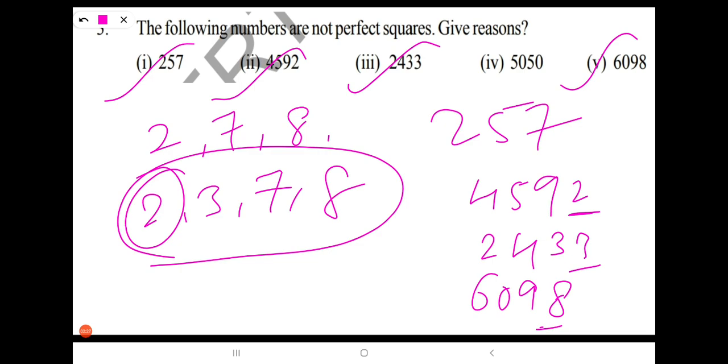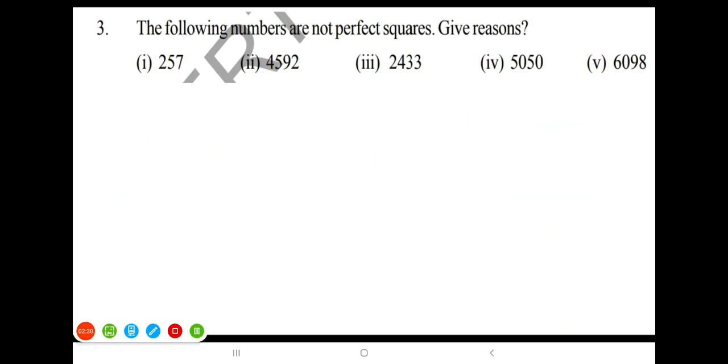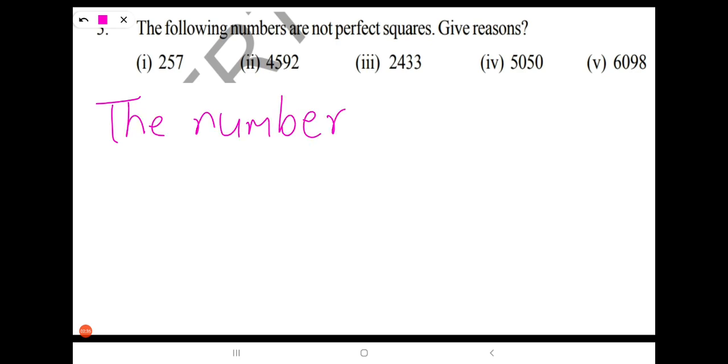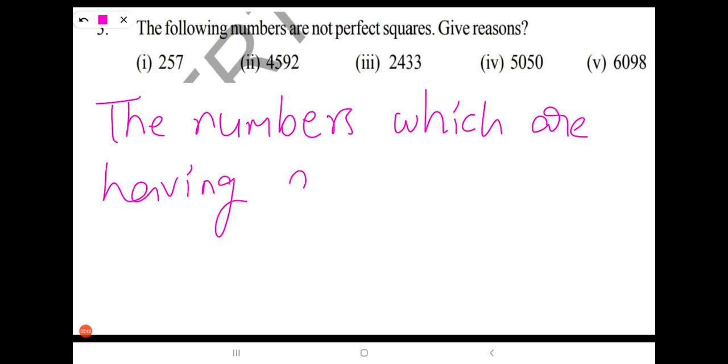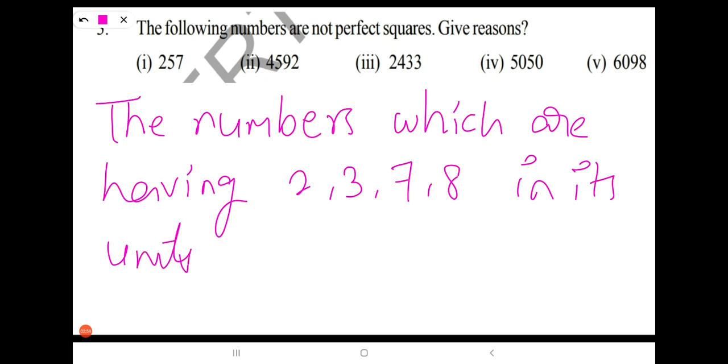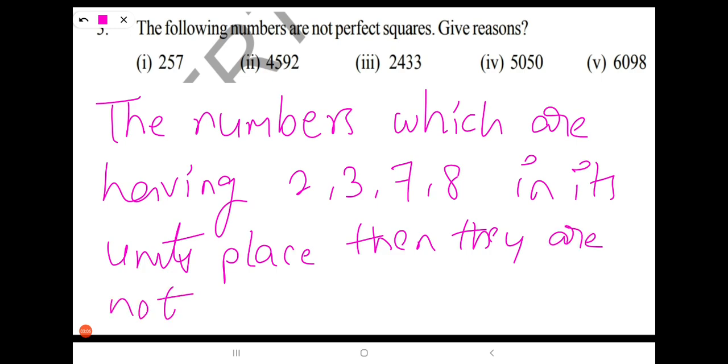So we can write the common property. Write down here: the numbers which are having 2, 3, 7, 8 in their units place are not perfect squares.